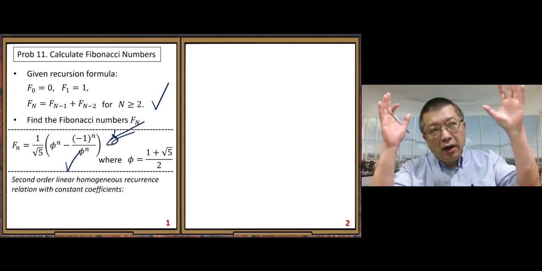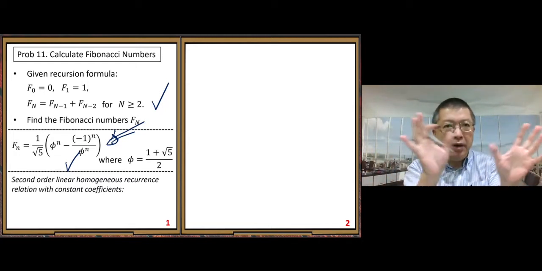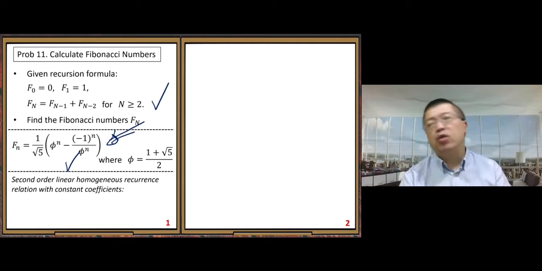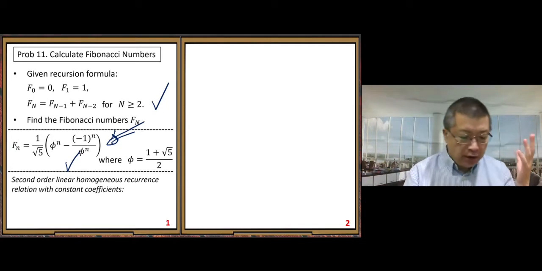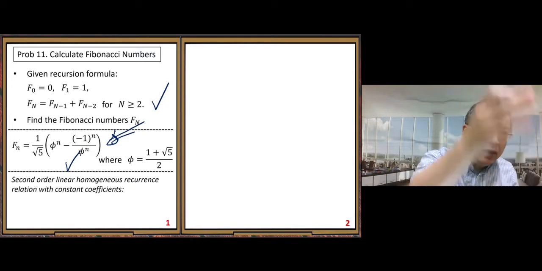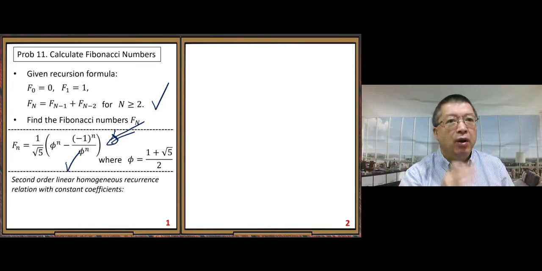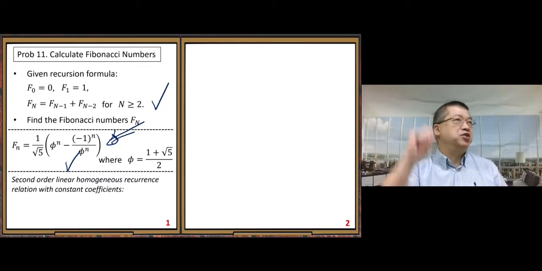First, let me use the right terminology to describe the recurrence equation. The complete name of it is second order linear homogeneous recurrence relation with constant coefficients.